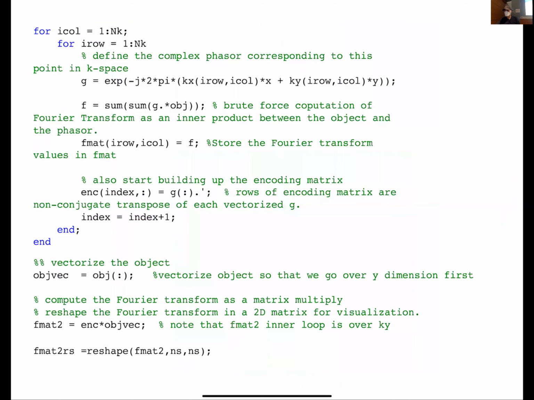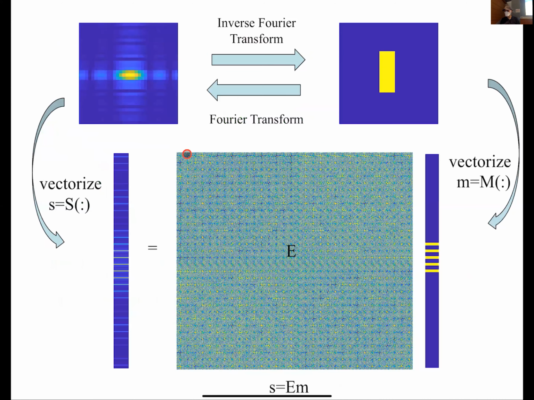In your homework, you played around and looked at the properties of this encoding matrix, and you found out that all the columns are orthonormal. That's a very special property, right? If you take a column with itself, it gives you something, but a column with any other column gives you 0.